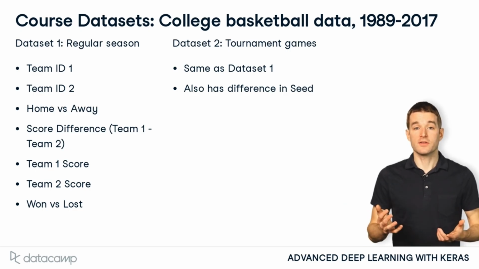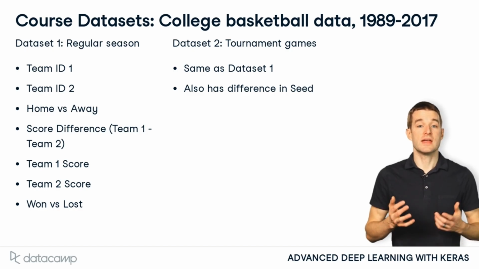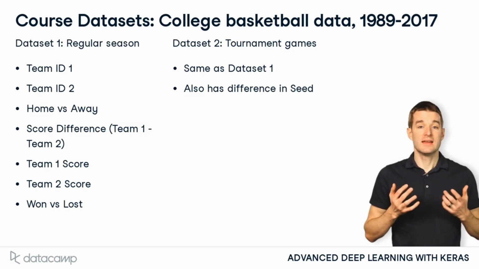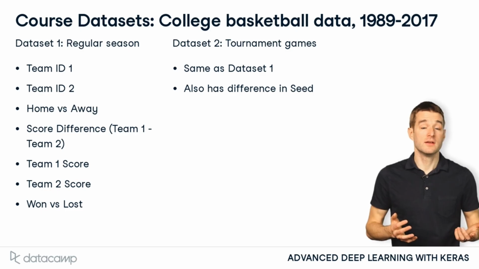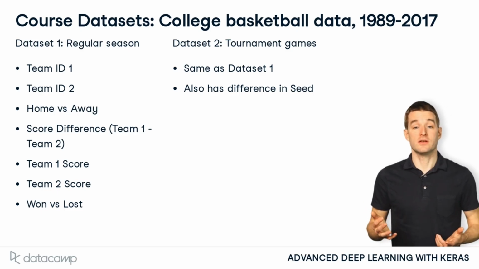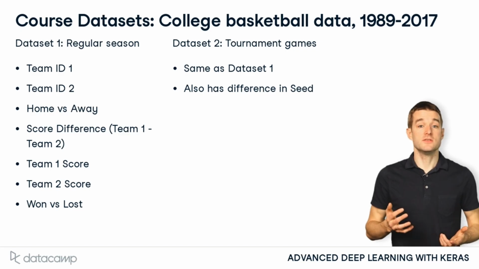For the tournament dataset, you also have the tournament seed, which is a pre-tournament ranking for each team. These seeds range from 1 to 16, where the best 4 teams get a seed of 1, and the worst 4 teams get a seed of 16. You will use the difference in the 2 teams' seeds as an input to your model.